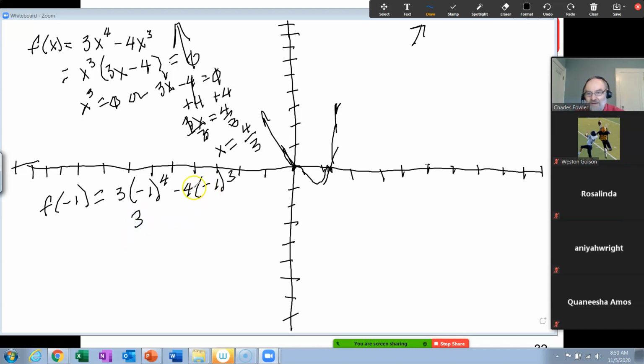Now, minus 4 times -1 to the 3rd power, which is -1. So you have -4 times -1, and that would be 3 plus 4, because -4 times -1 is +4. That's 7. So let's go up 1, 2, 3, 4, 5, 6, 7. Barely got in there.